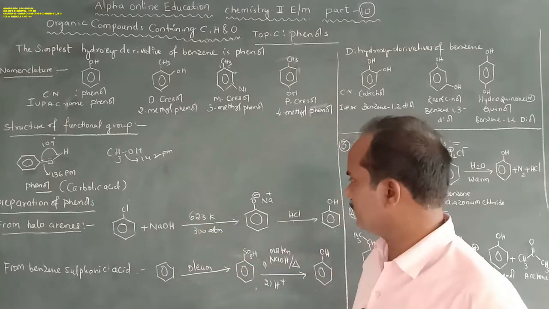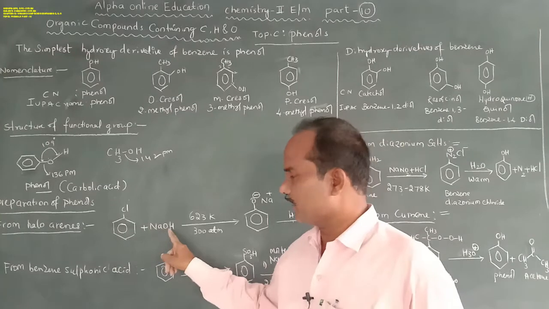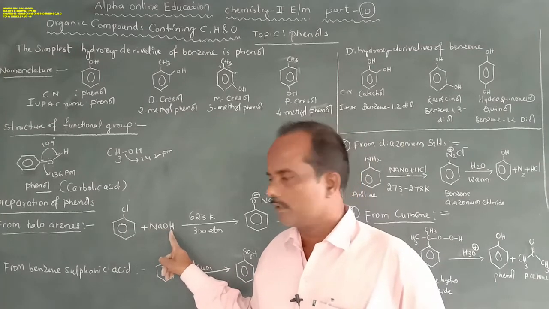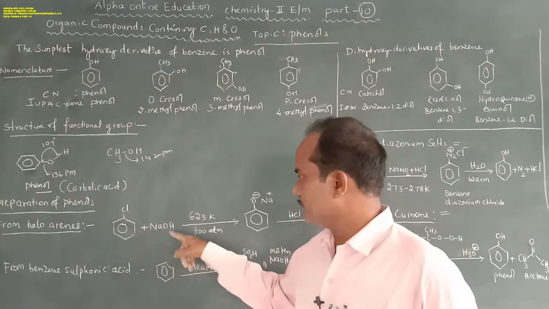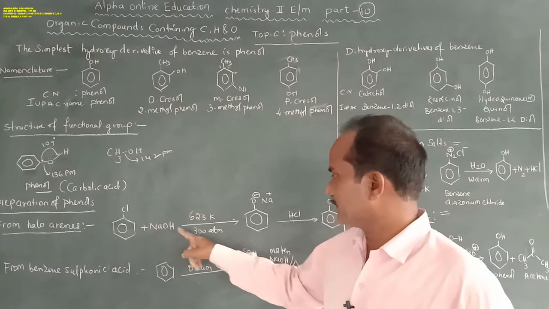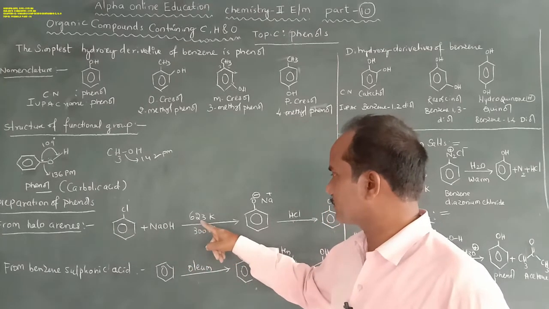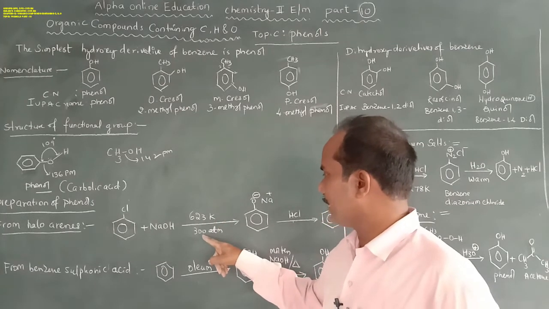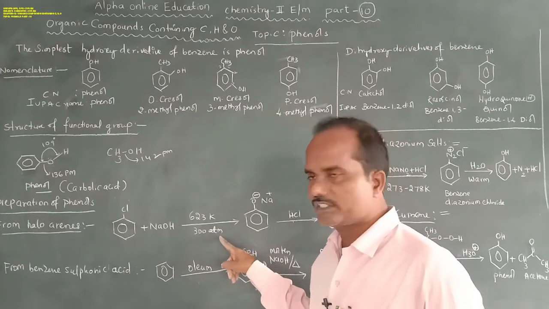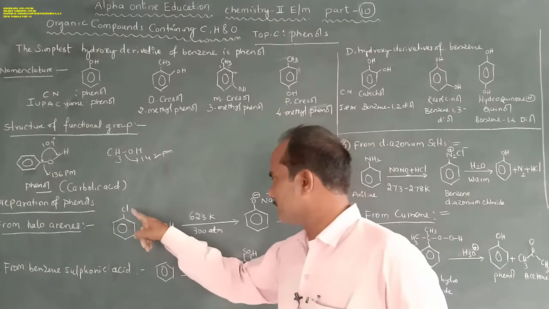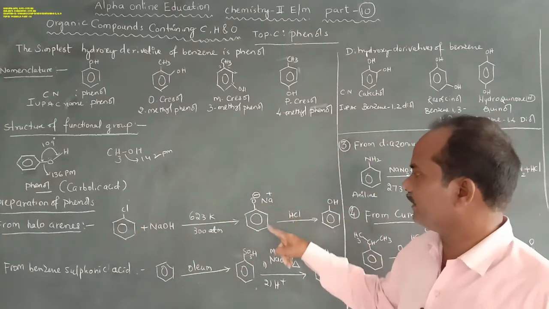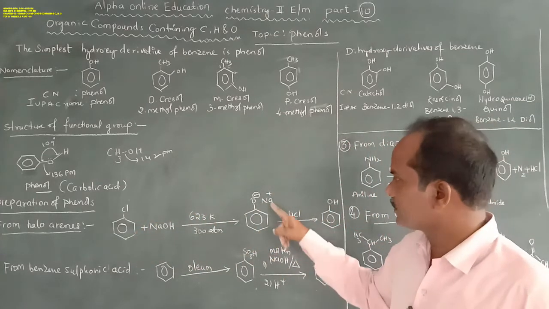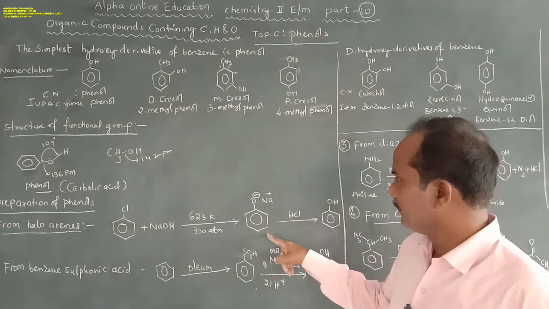When chlorobenzene is fused with sodium hydroxide at a higher temperature of 623 kelvins and a pressure of 300 atmospheres, sodium phenoxide is formed.